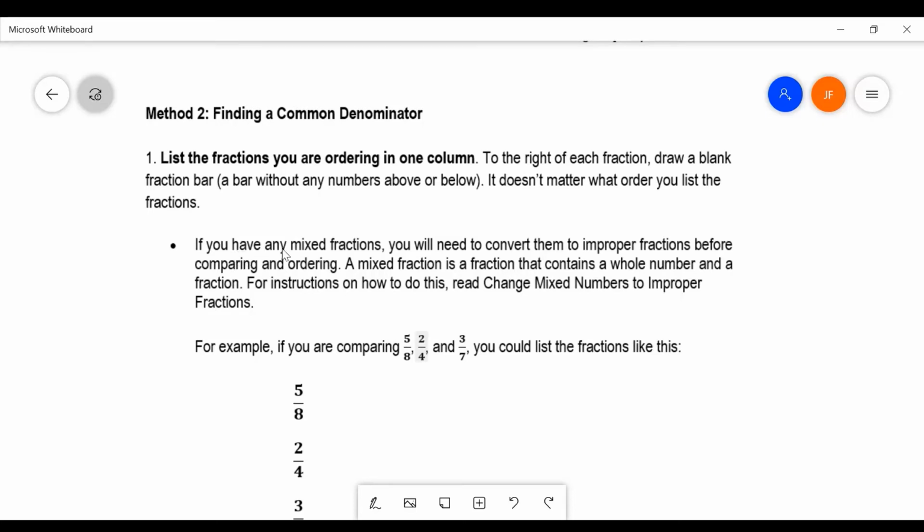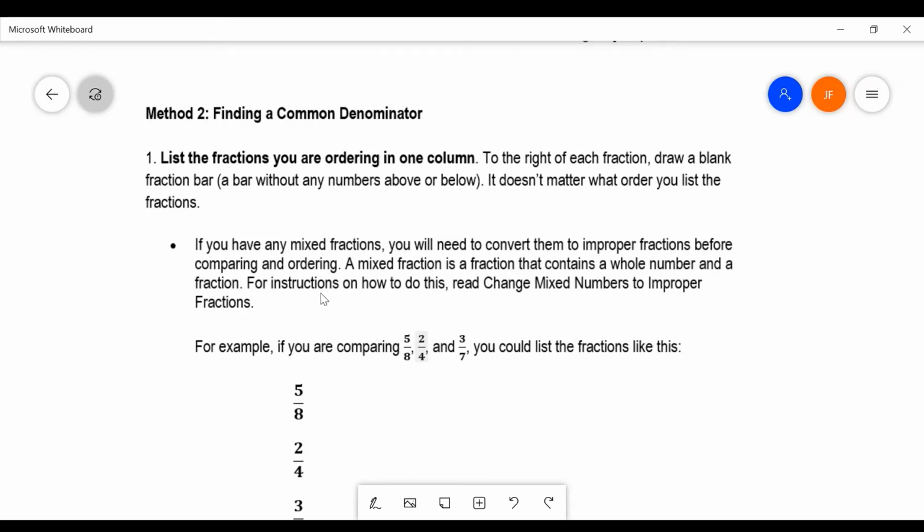If you have any mixed fractions, you will need to convert them to improper fractions before comparing and ordering. A mixed fraction is a fraction that contains a whole number and a fraction.